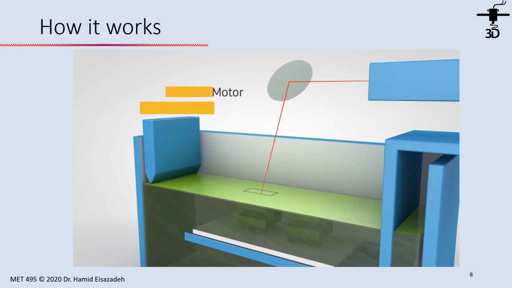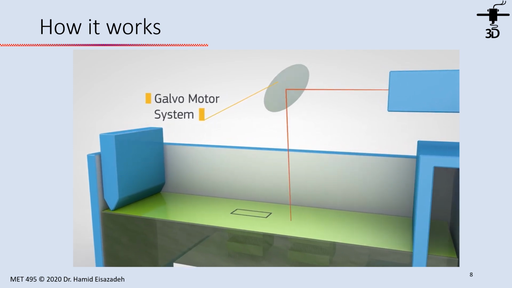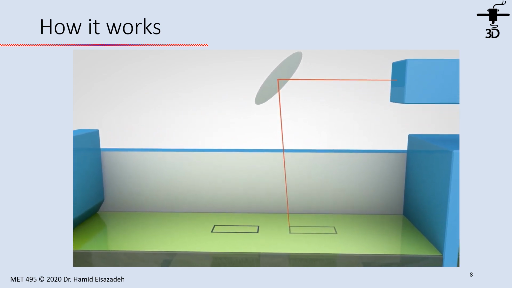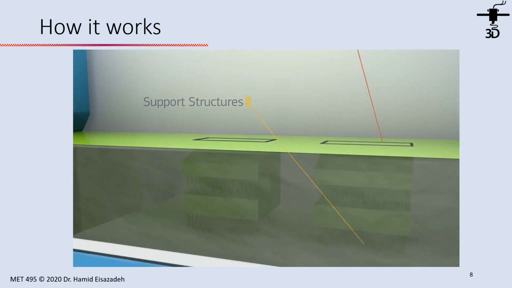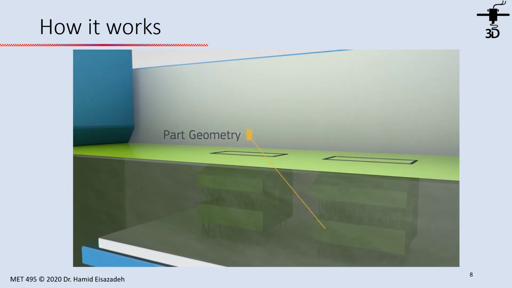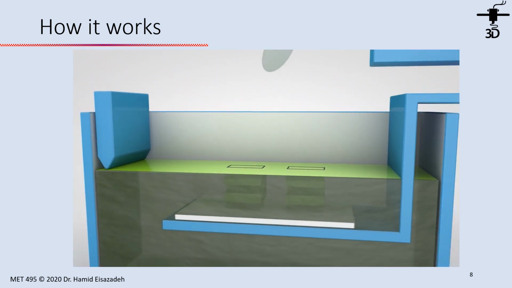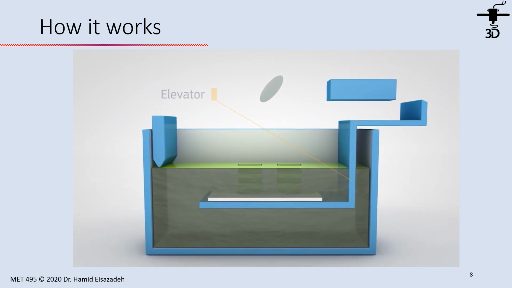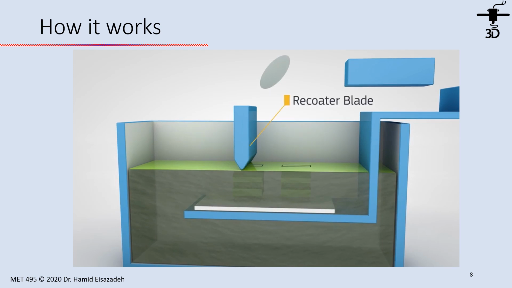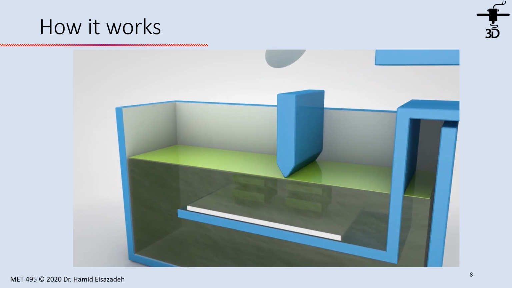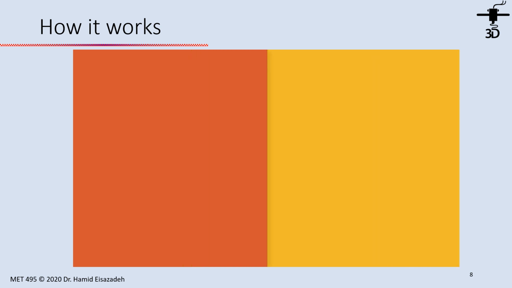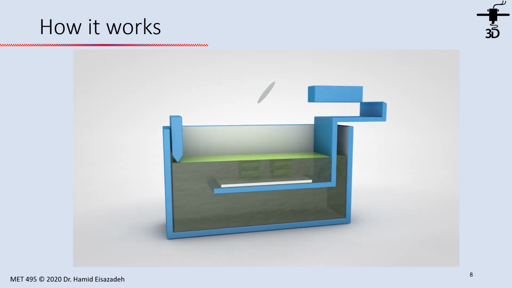This is one of the important differences between extrusion AM and SLA. In extrusion AM, you can have two filaments for making the part, but here we have one vat, one material, one liquid. So the support and the part are made from the same material.